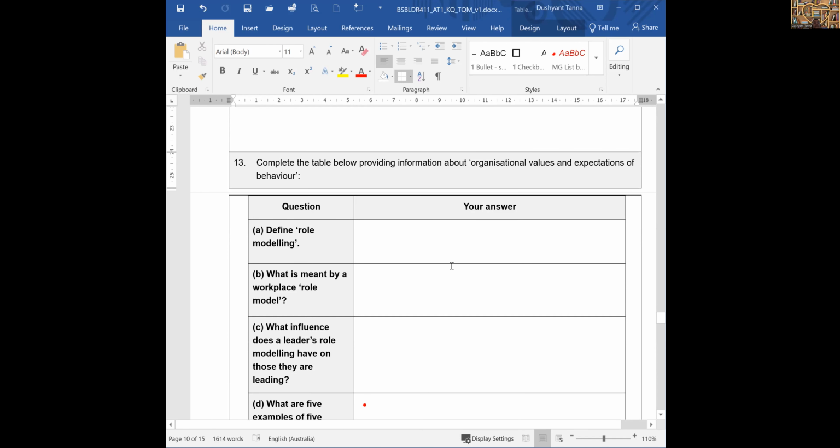Right, complete the table below providing information about value and expected behavior. Number 1, defining role modeling. What do you mean by role modeling?